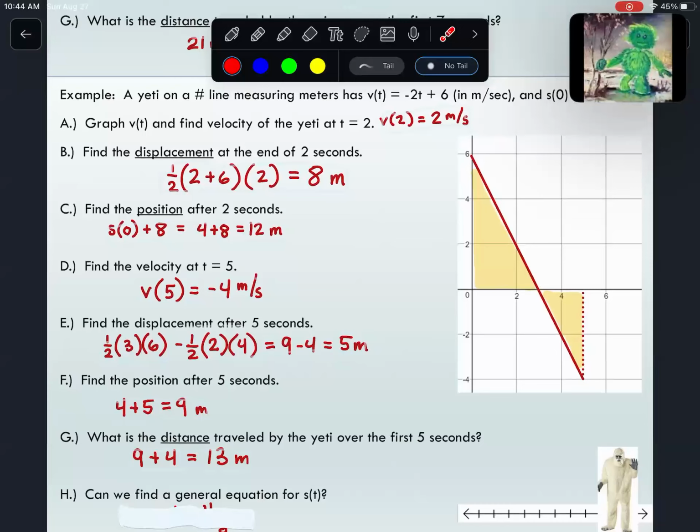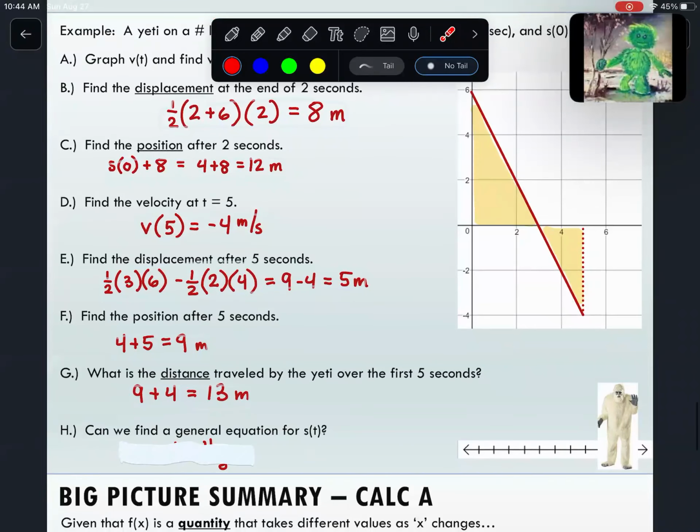It's assuming we're Yetis. There's an "are we there Yeti" pun in here somewhere. Part H, could we find an equation in general to figure out what's going on with the position function? And the answer is yes, eventually that's where we're headed, but it's not what we're going to worry about right now.